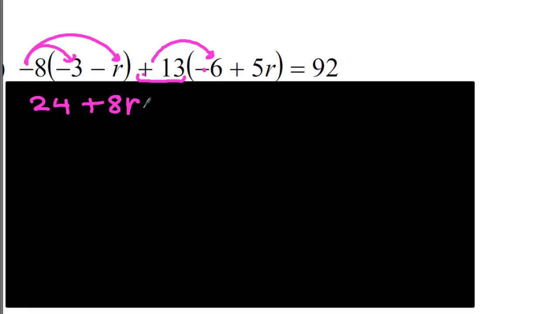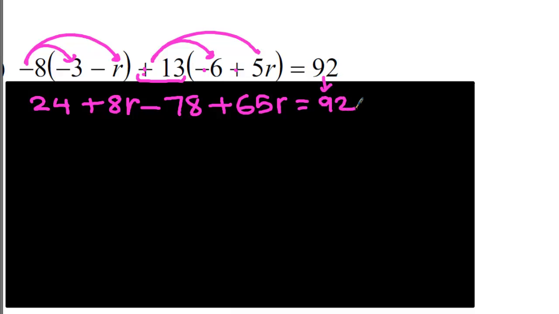Positive times a negative is a negative. Okay? That's a 78. Positive 13 times 5. Positive times a positive is a positive, okay? Alright? That's a 65. And since 5 has an r, you rewrite the r. We didn't do anything to 92, so you're going to carry it down.